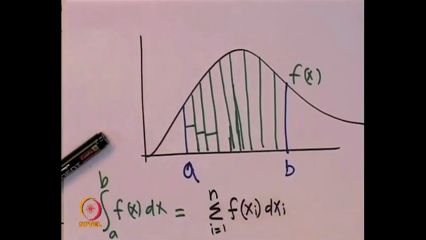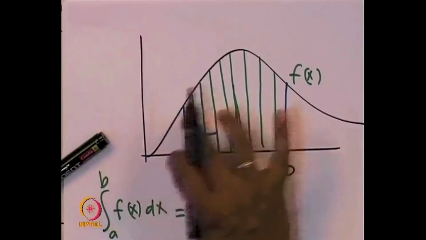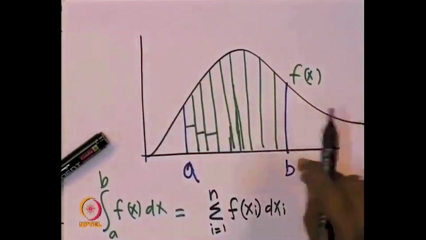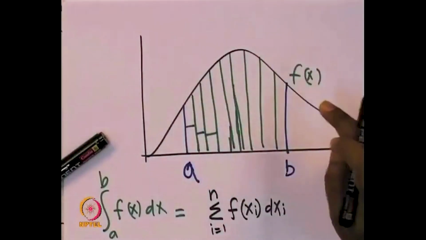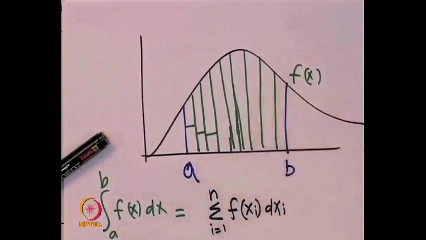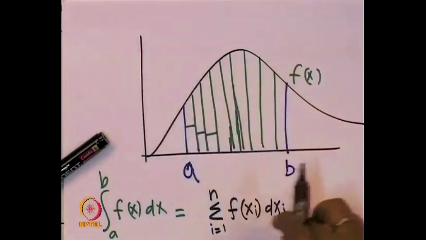Now what should be the value of n? Should I divide this into 5 intervals, 10 intervals, 20 intervals? We will answer this question, but assume that you divide into n intervals, this is the answer.